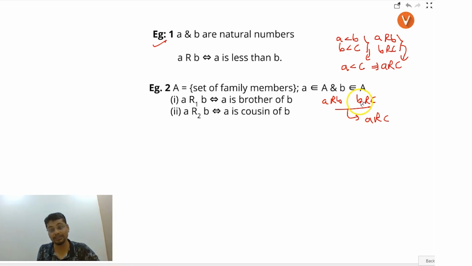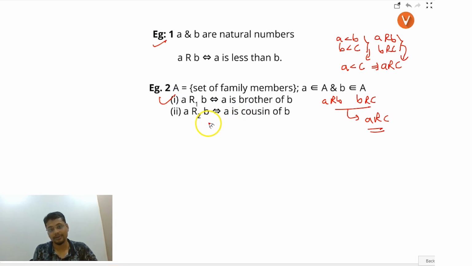Since B is also brother of C, and A is brother of B, that means A is brother of C. But it doesn't imply that C is brother of A. Why? Because C can be a female, right? So A is also brother of C. So this is indeed a transitive relation.